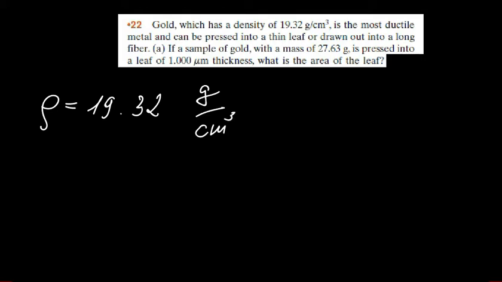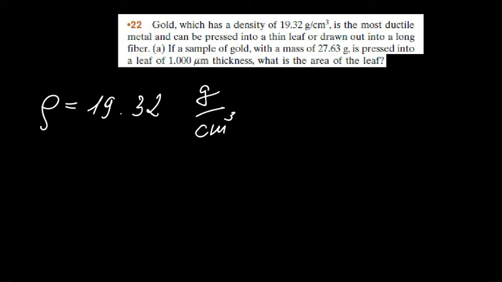Okay, so consider the following. Gold, which has a density of 19.32 grams per cubic centimeter, so rho is equal to 19.32 grams per cubic centimeter, is the most ductile metal and can be pressed into a thin leaf or drawn out into a long fiber.